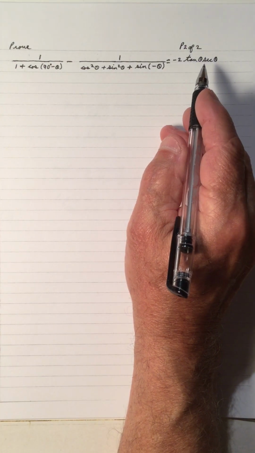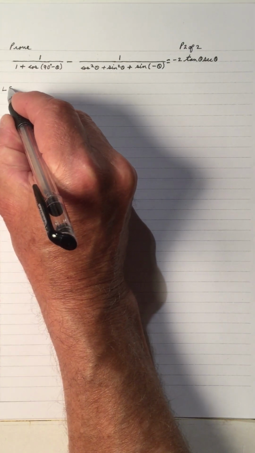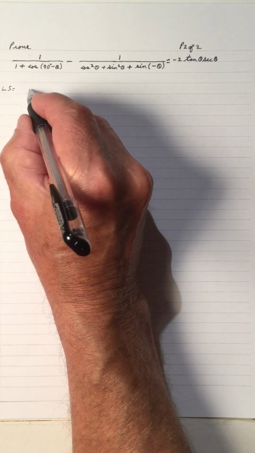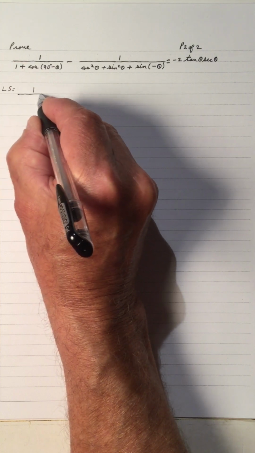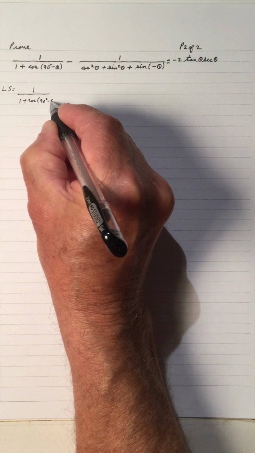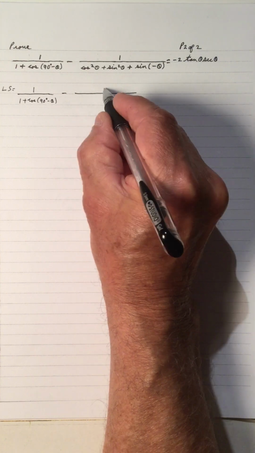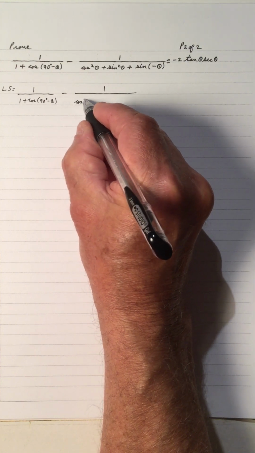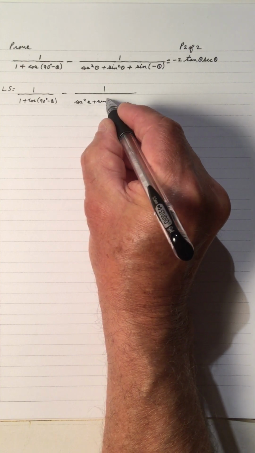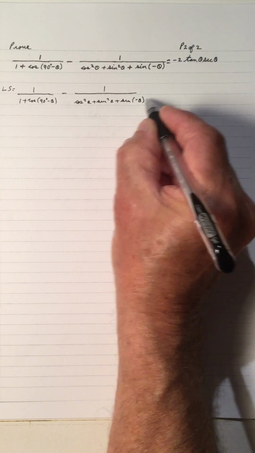So we're going to prove this trig identity, which has a left side and a right side. And it looks like the left side is more complicated, so I'll write down the left side. And I'll write down the right side. The left side is 1 over 1 plus cos of 90 degrees minus theta, subtract 1 over cos squared sine squared plus sine of negative theta.